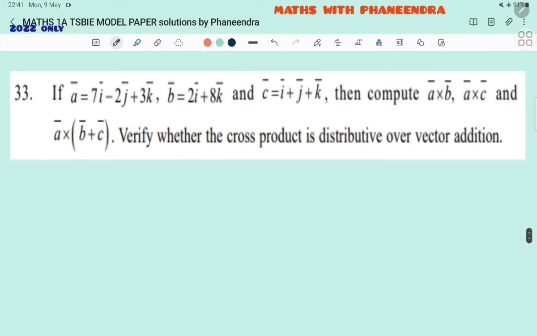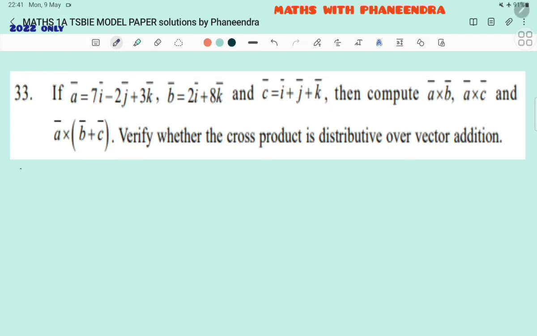Now next question. If A equal to 7i minus 2j plus 3k, B value and C also given, compute A bar cross B bar and A bar cross C bar and A bar cross B bar plus C bar. They are asking. After that, verify whether the cross product is distributive over vector addition or not. That we will verify by finding the values.